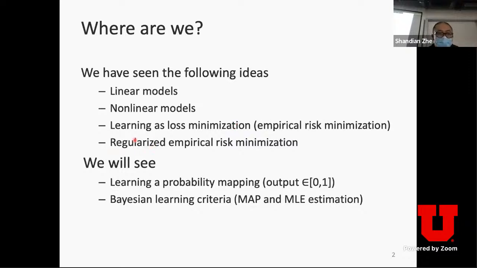And to avoid the overfitting issue, we can introduce some regularizer in our loss, which we call regularized empirical risk minimization, right? So what is the example of this? Can anyone point out some example for some instance of regularized empirical risk minimization?